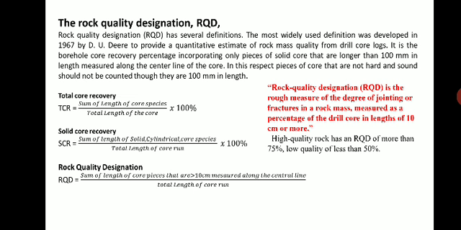We'll see the most widely used definition, which was developed in 1967 by Deere to provide a quantitative estimate of rock mass quality from the drill core log.